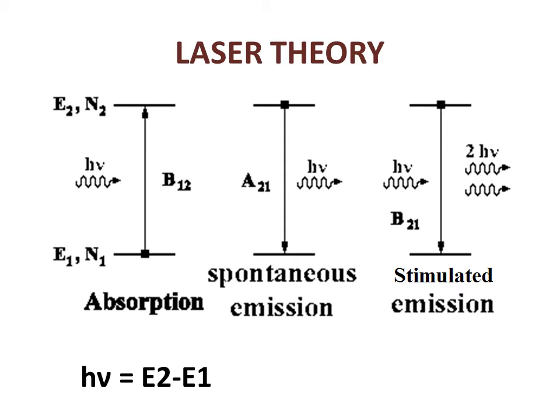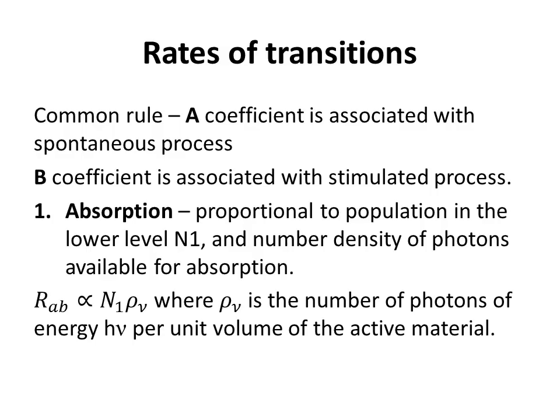But if the system is in equilibrium, there will be an equal number of de-excitations which will maintain the population in the lower level constant. So under that situation we will consider the rates of transition between all these levels and get equations for the A coefficient and B coefficient.